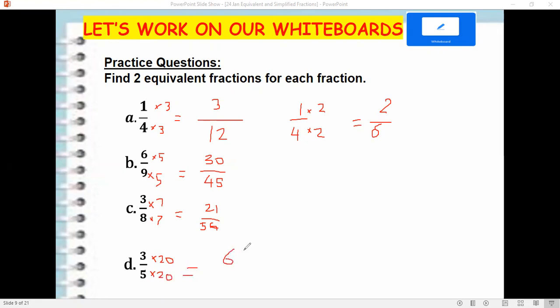So this will be 60 over 100. So these are only a few of the equivalent fractions of 1/4, 6/9, 3/8, and 3/5. You can give me more equivalent fractions, as many as you want. It's infinite, okay? So this is how to find the equivalent fractions by multiplying the same number to the numerator and denominator. Don't forget.